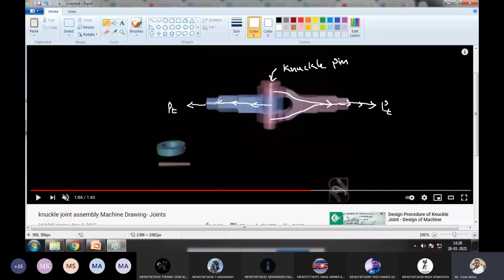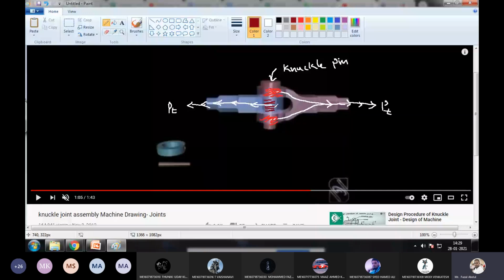So if the pin is not stronger than the fork and single eye material, then the pin is going to fail in shear. Means the top portion of the pin is going to stay in the fork end, the lower portion of the pin is going to stay in the lower end, and the middle portion is going to remain in the middle knuckle end.